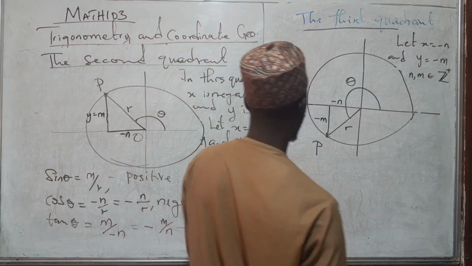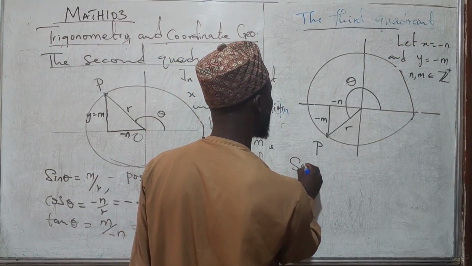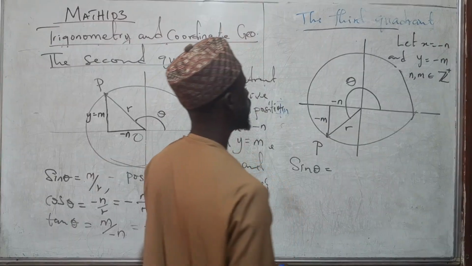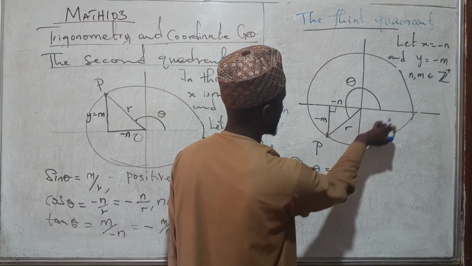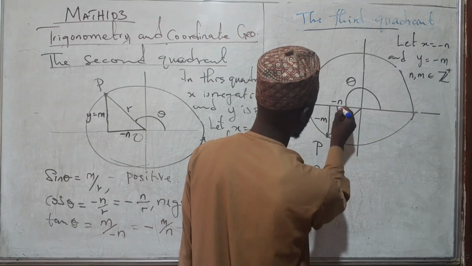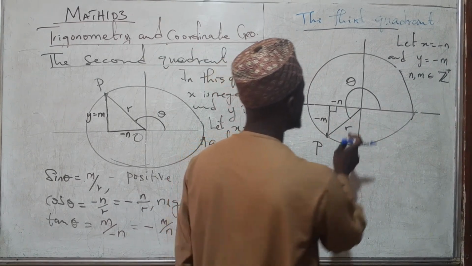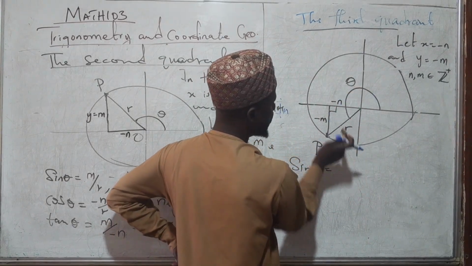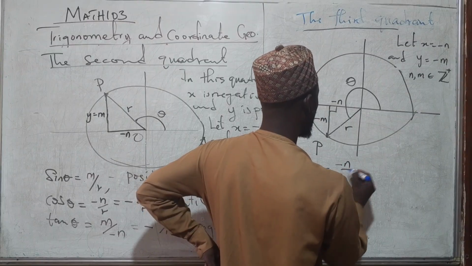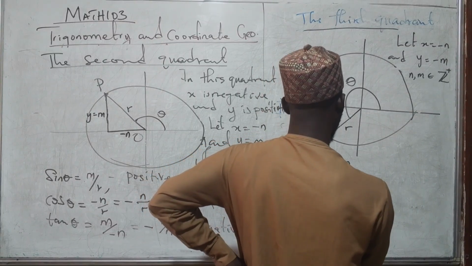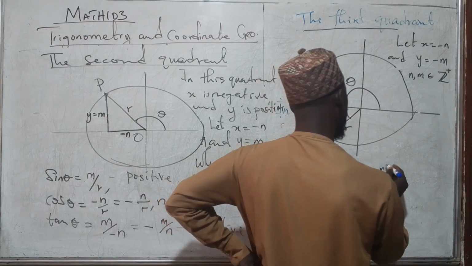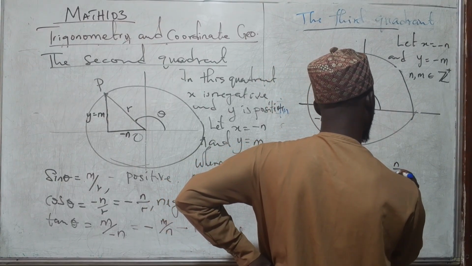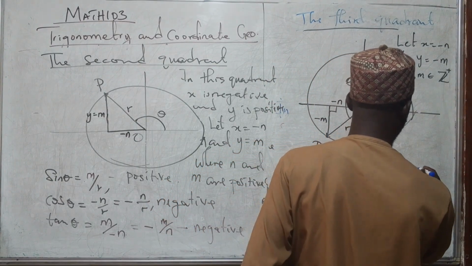And so we will have sine theta to be equal to opposite over hypotenuse, and that is minus m over r, and that is negative.